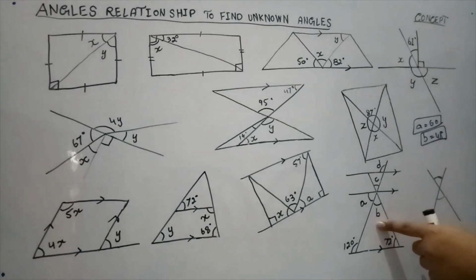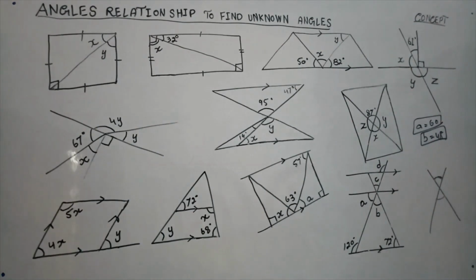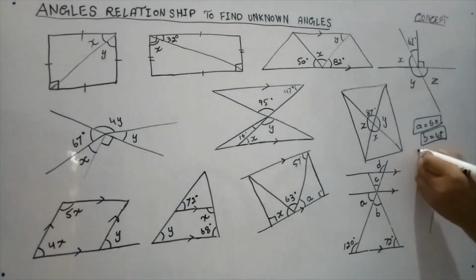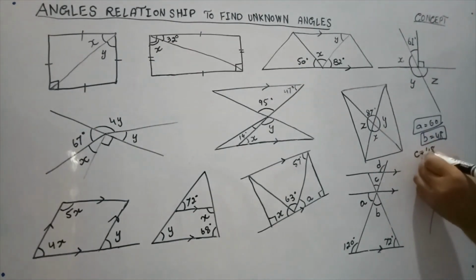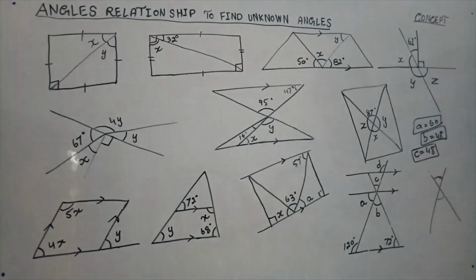Here we know the value of B. You can see here we have B and C, which are vertically opposite angles of each other. So B is equal to C, and since the value of B is 48, C is equal to 48 degrees.